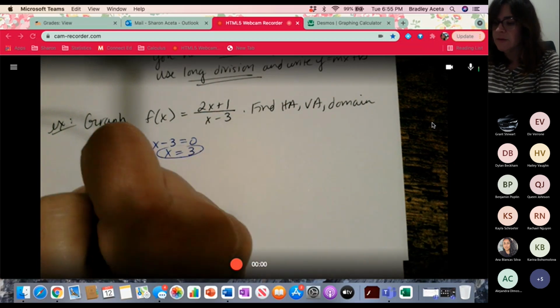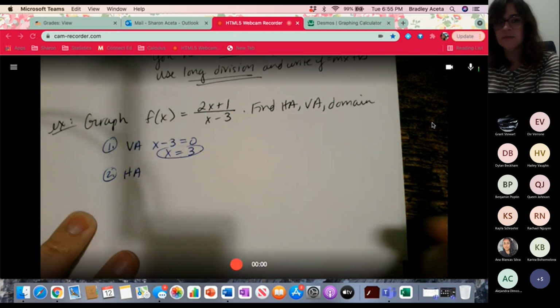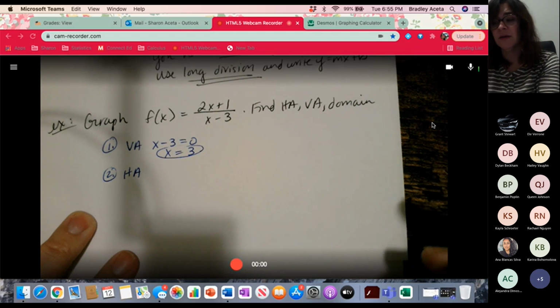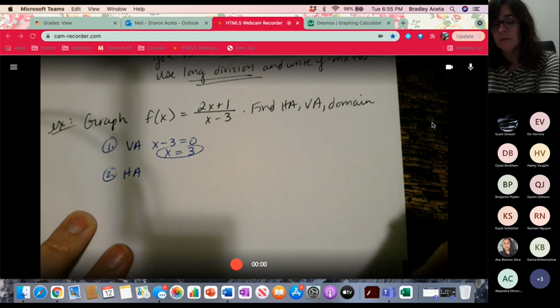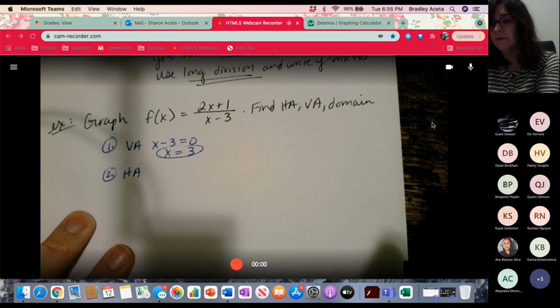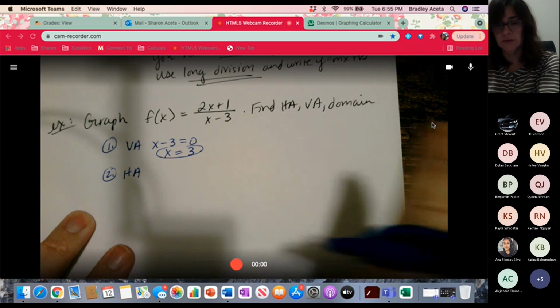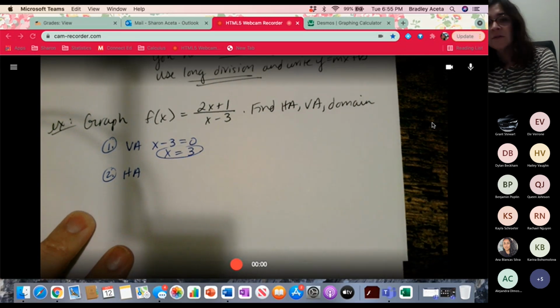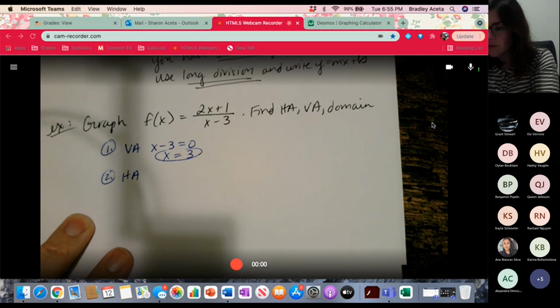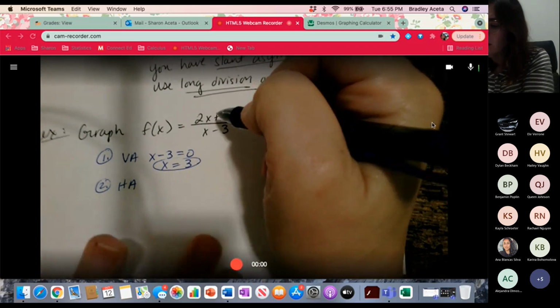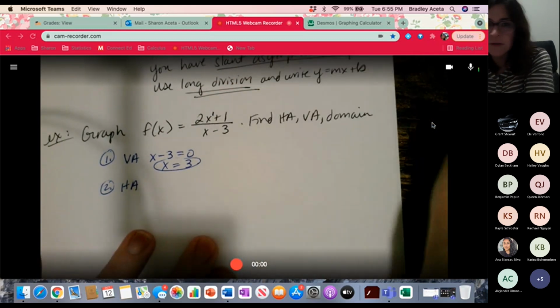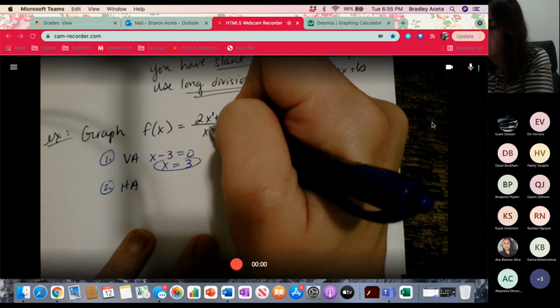Let's find the horizontal asymptote. Horizontal asymptote has 3 choices. It's going to either be 0, the coefficients of the degree, or none. It's based off of the degree on top and the degree on bottom. The degree on top right now is degree 1, or linear. On the bottom, it's degree 1.